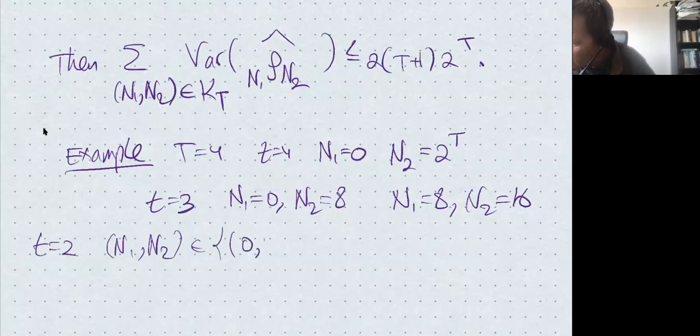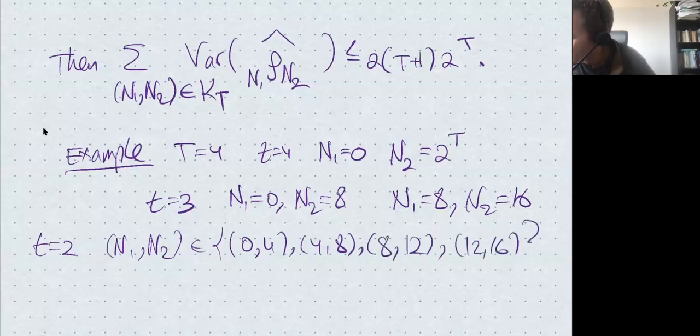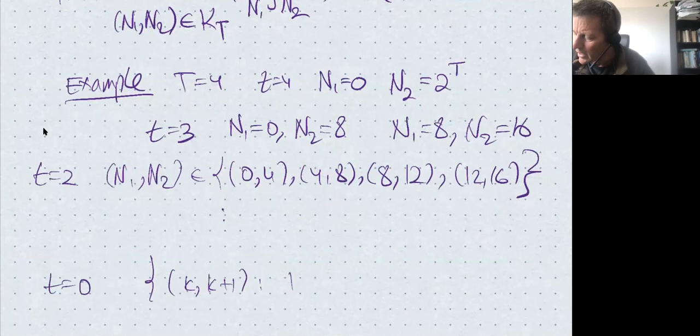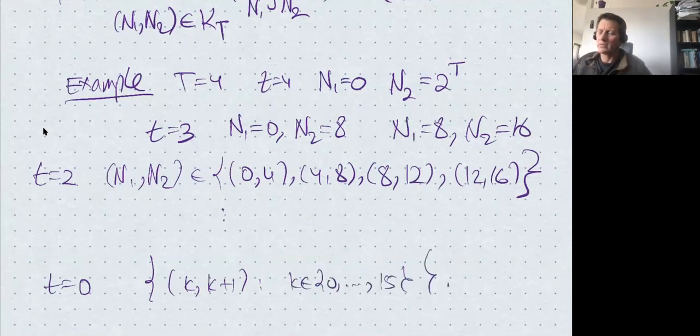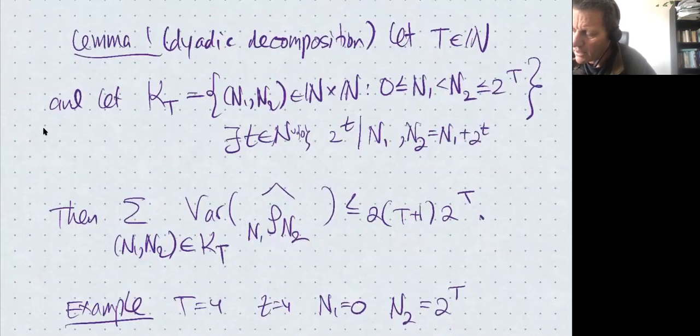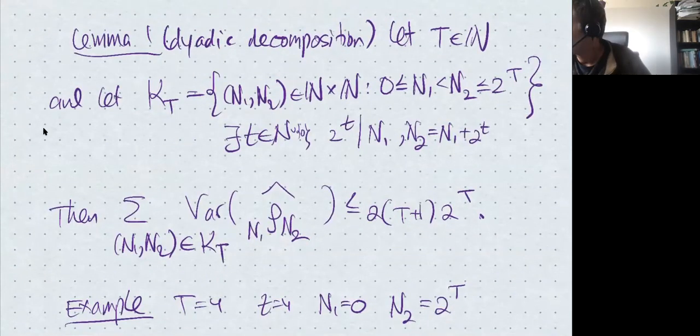I can take 0, 4; 4, 8; 8, 12; 12, 16. And in the case t equals 0, I get all pairs k, k plus 1, where k is between 0 and 15. All right, so this is the set Kt that appears in this lemma.